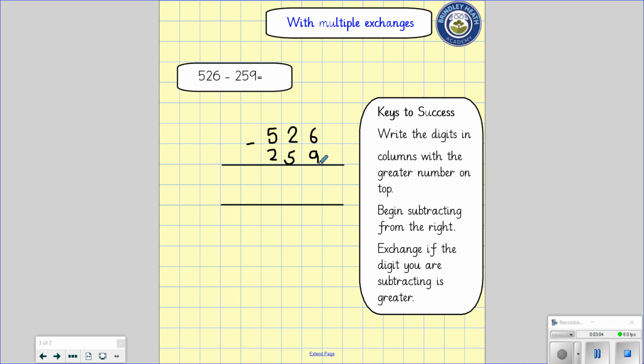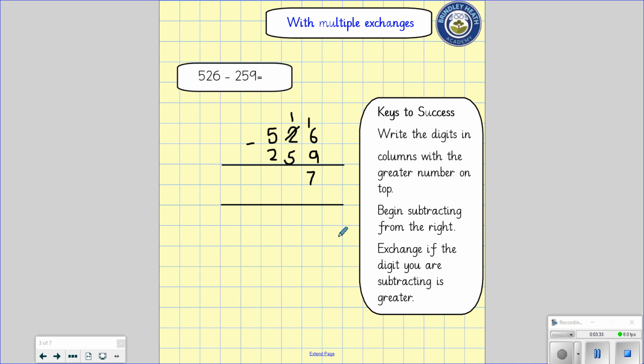So again, I start on the right hand side with my ones column. 6 take away 9. I can't do that because 9 is bigger than 6, so I need to exchange. So I can exchange from my tens column, leaving me with 1 10, and I can give that 10 and exchange it for 10 ones into the ones column, giving me 16 take away 9. 16 take away 9 equals 7.